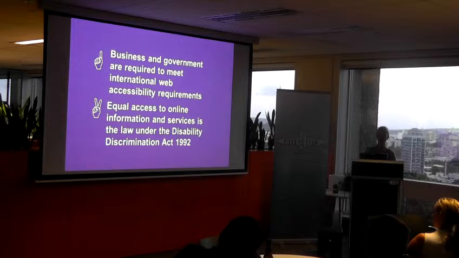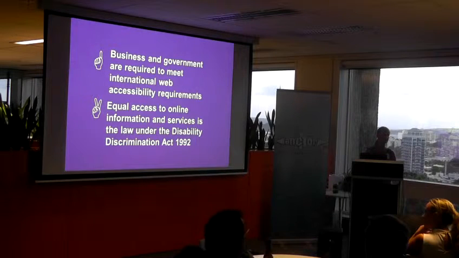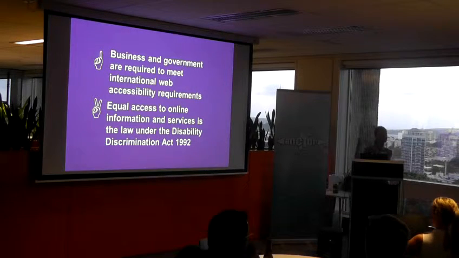Very quickly, there are really two requirements in Australia for making websites accessible. For government, it's governed by the National Transition Strategy, which requires all government sites to be compliant to a level of AA. Within the Web Content Accessibility Guidelines, there are 3 levels of accessibility: A, AA, and AAA.